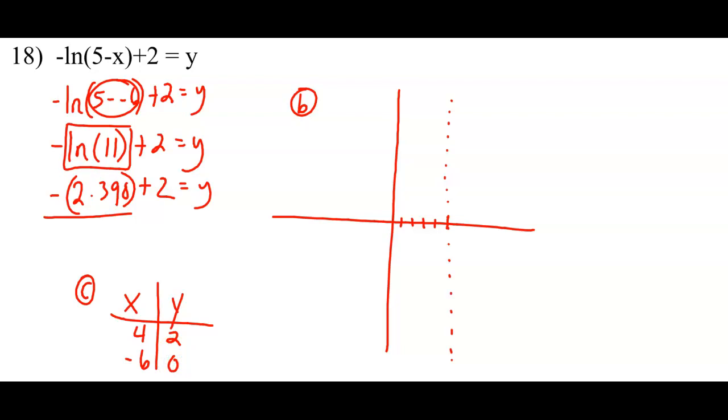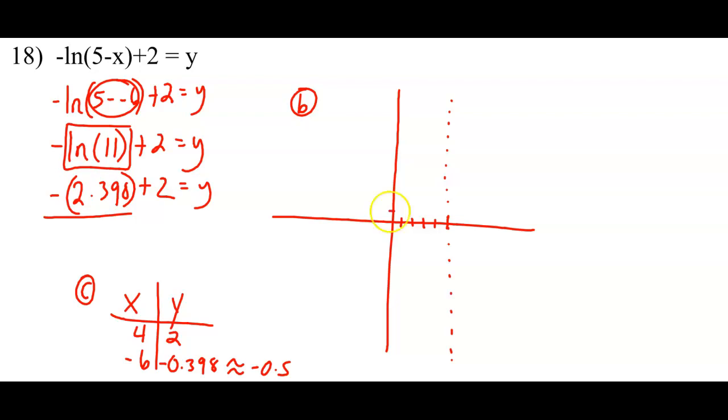It's negative 0.398. And I would probably just round this to about -0.5, because when we're graphing, we can't be that precise anyway.